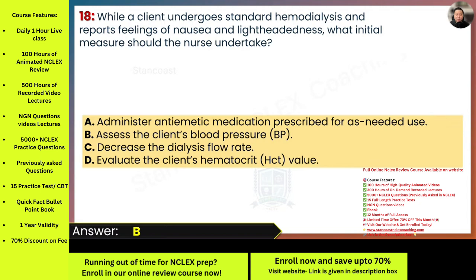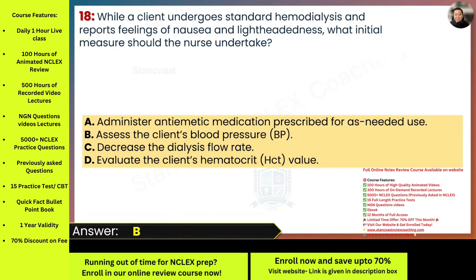Now, if the low blood pressure is detected, then you're going to have to act on appropriate nursing actions, right? You're probably going to need to do a fluid bolus or to reduce the ultrafiltration during the dialysis. And so that's why we're going to do letter B first thing. Okay, you do your assessment. Now, why is letter A incorrect? Administer antiemetic medication, prescribed PRN.